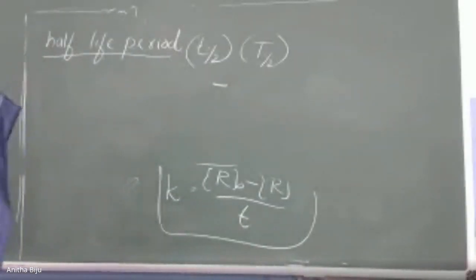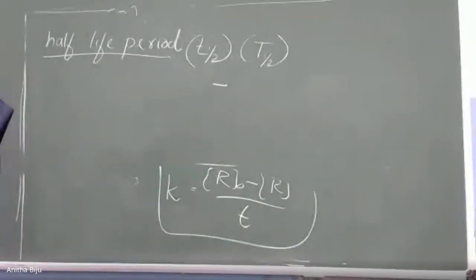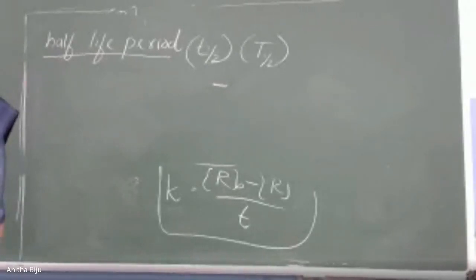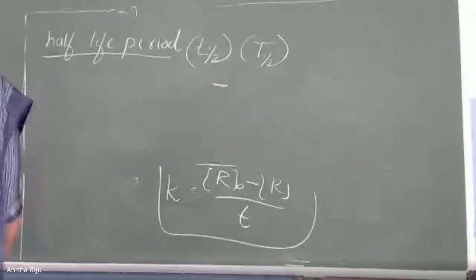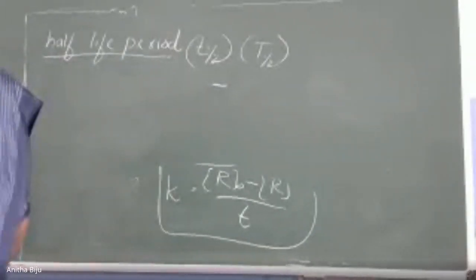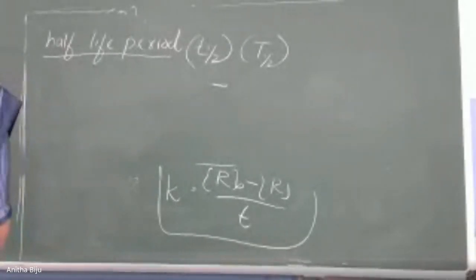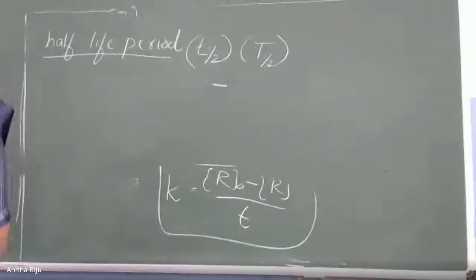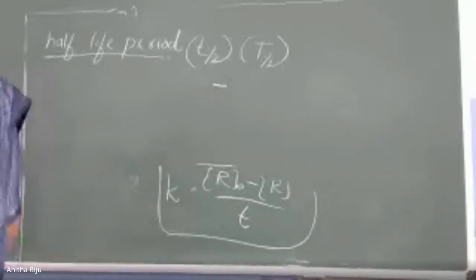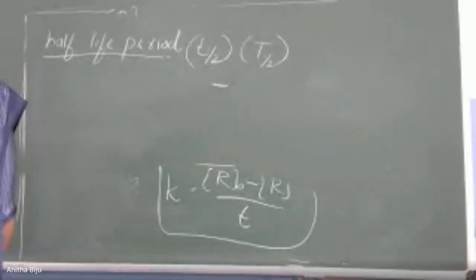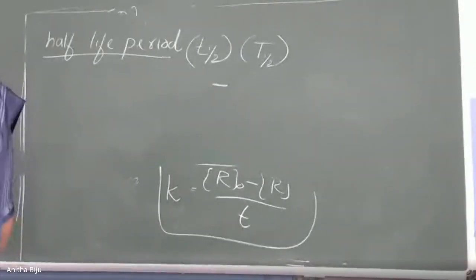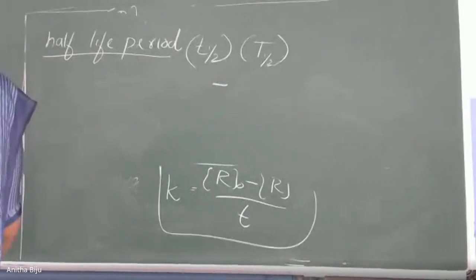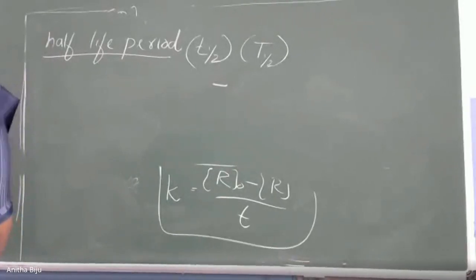Suppose we have started the reaction with 1 gram of reactant, and the time taken for this 1 gram to reduce to 0.5 gram is called the half-life period. I'll repeat, half-life period is the time taken for the reactant to reach half its original quantity.